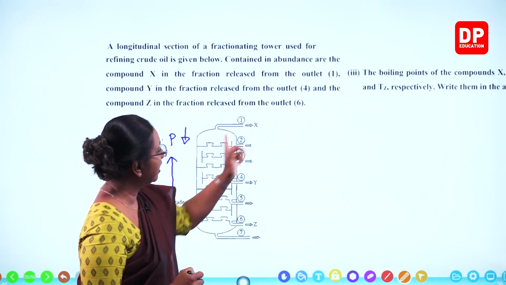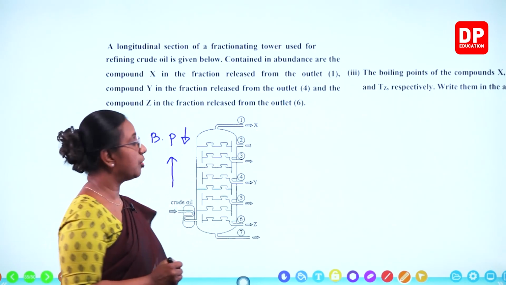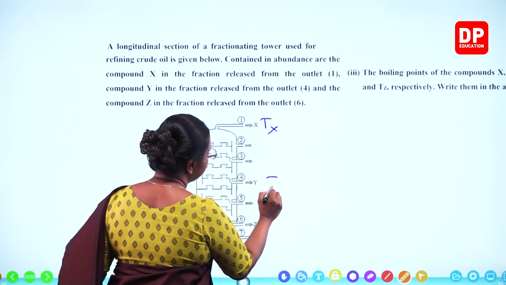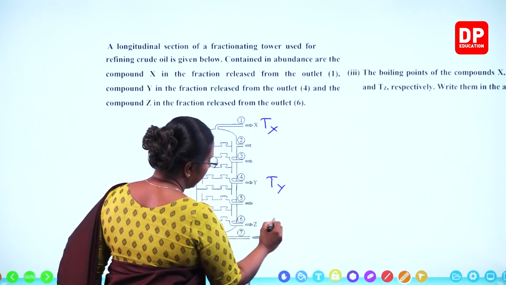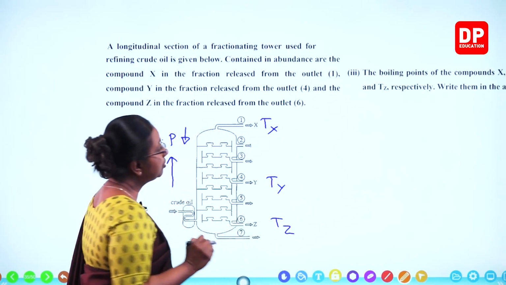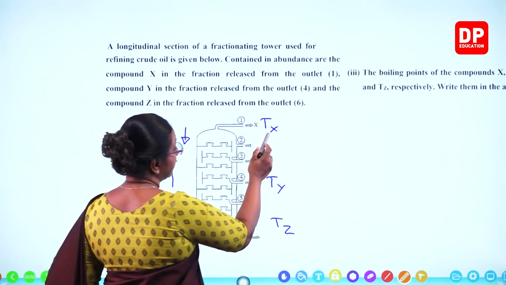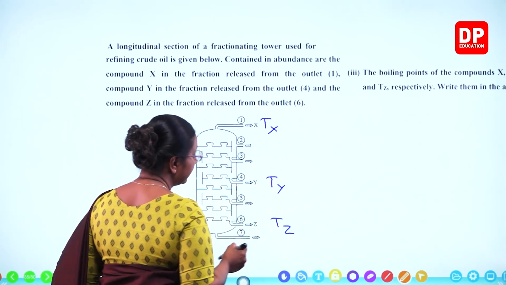So component 1 will have the lowest boiling point. Tx will be the lowest boiling point. Then in between we have Ty and Tz. So you need to write it in ascending order, increasing order. So it should be Tx, Ty and Tz.